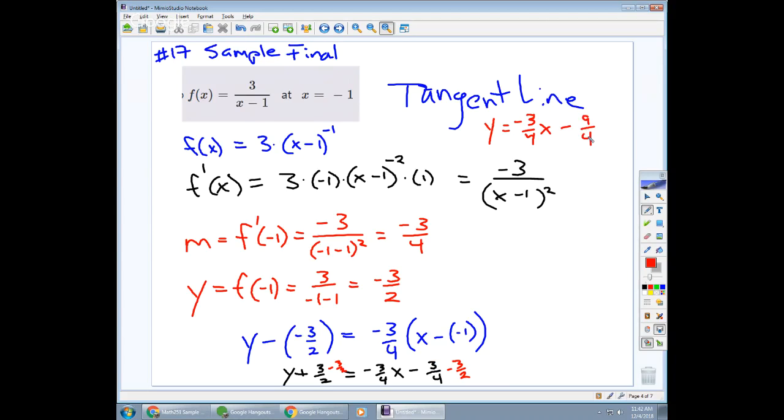And here decimals would have worked fine because 2 and 4 are easy denominators, but that's the fraction version. Those decimal lovers out there, it'd be y equals negative 0.75x minus 2.25. Oh, there's the 2.25 from earlier.